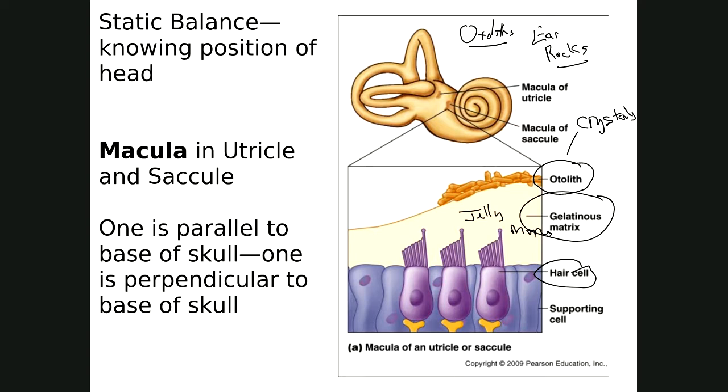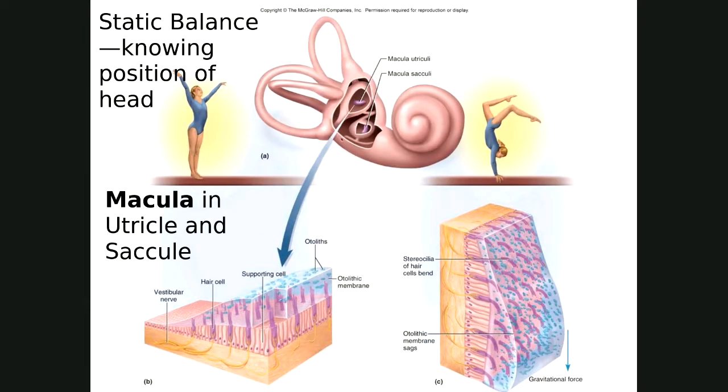Well, look, these little otoliths are in this jelly-like membrane, and these hair cells are embedded in that. Remember, there's two of these. There's one in the utricle, and there's one in the saccule. One is parallel to the base of the skull. One is perpendicular to the base of the skull. And so they're sitting in, and there they are right here. Well, look, when she's in this position, this is what it looks like.